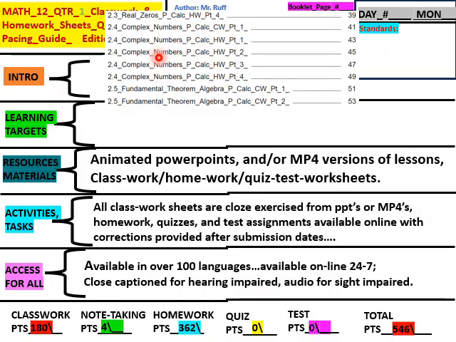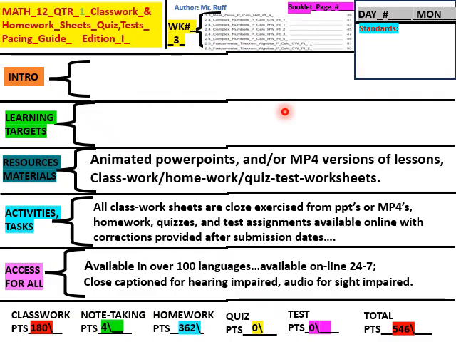And then our homework 2.4, complex numbers, homework part 1, 2, 3, and 4, a 4-part homework there. And then we go into 2.5, Fundamental Theorem of Algebra, classwork part 1, classwork part 2. So that's what we do here in week 3.